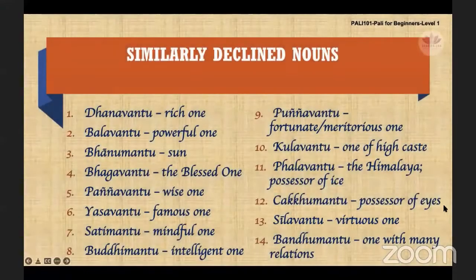Kula is the caste, so Kulavantu, one who has a caste. Or also we can say Kulava when we say one who has high caste.